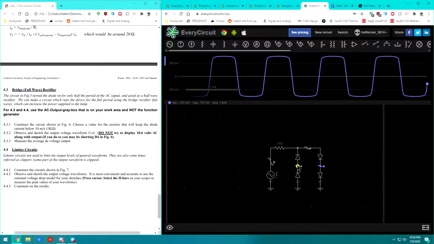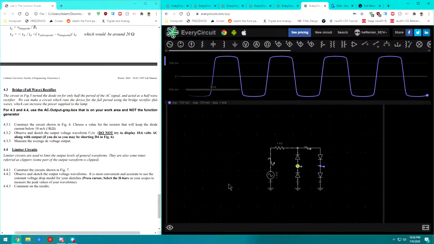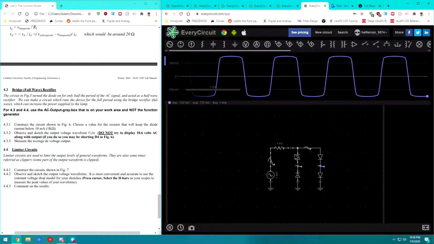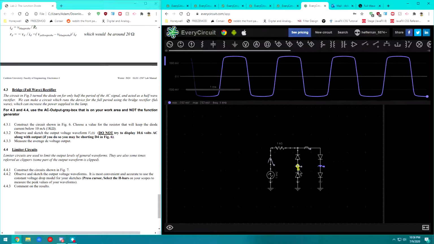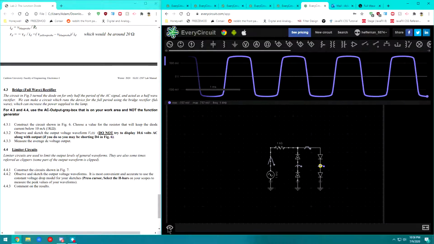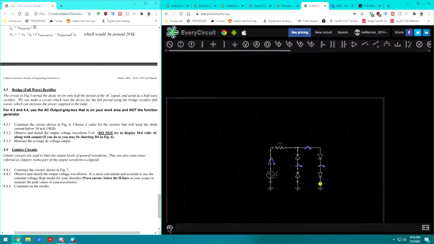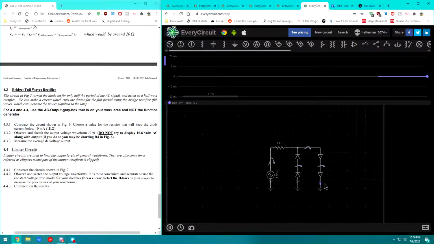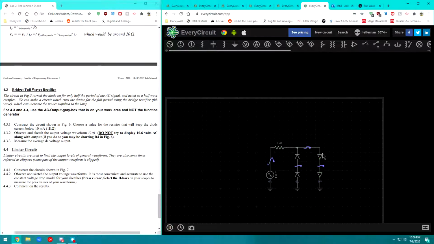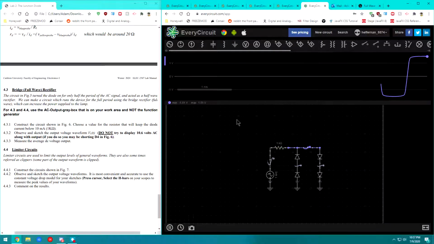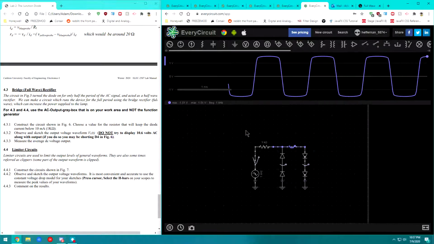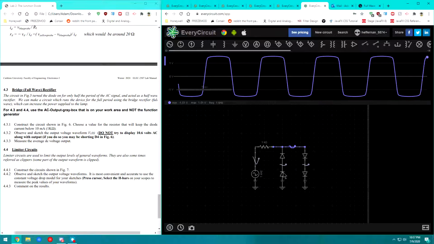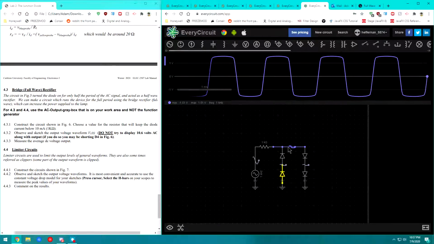So we should have positive 1.5 and negative 1.5, which is two diodes connected in series, and those are the drops from each of them at each particular moment.